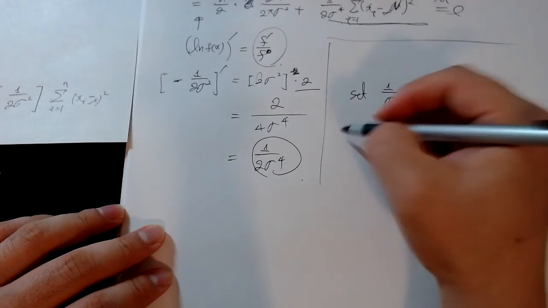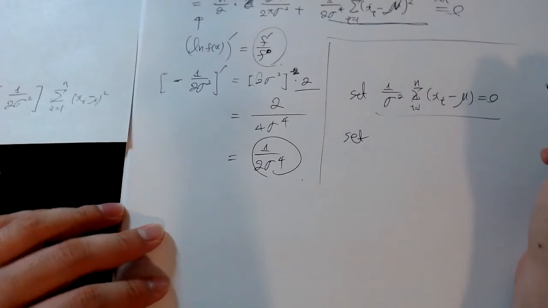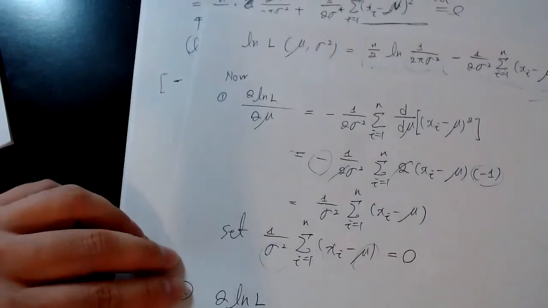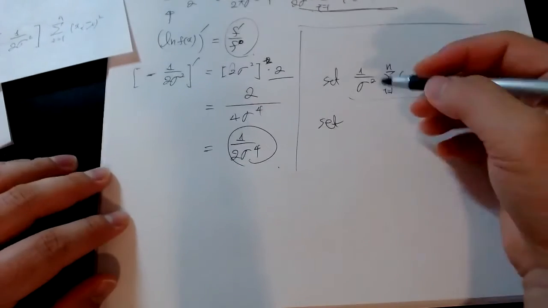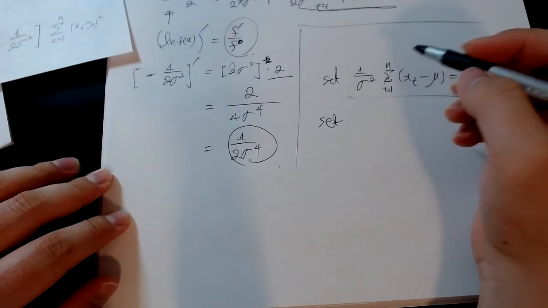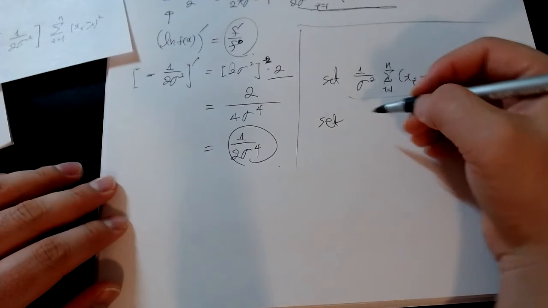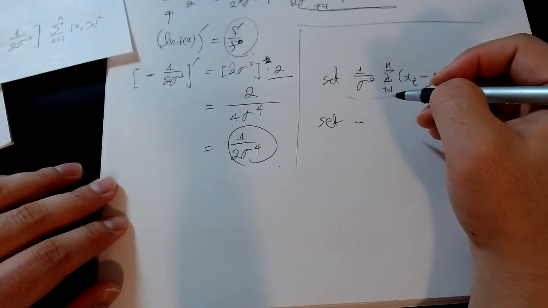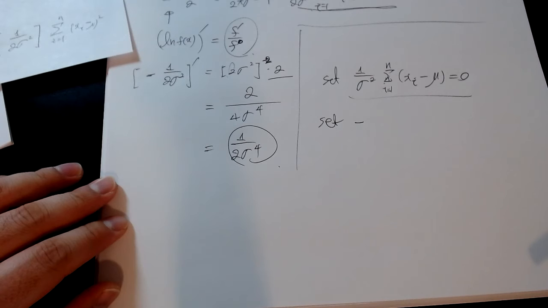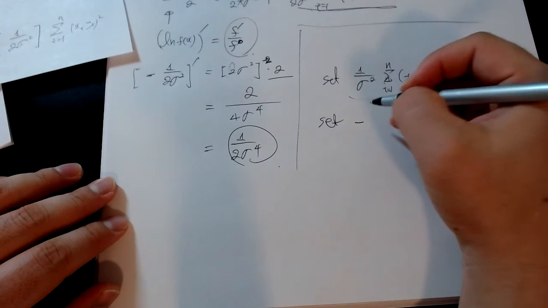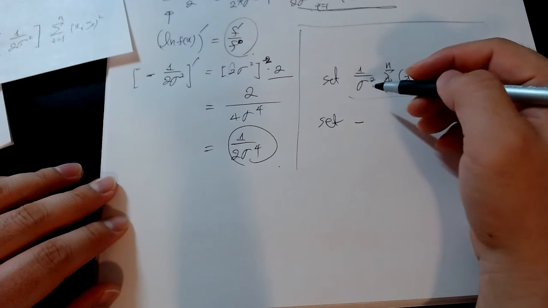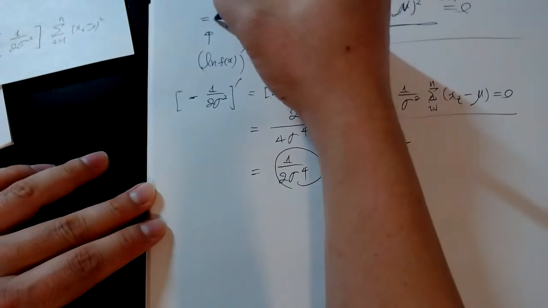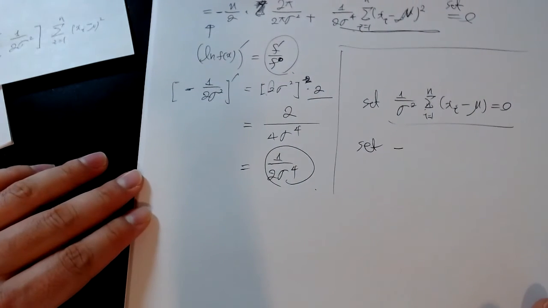We got this one from the partial derivative of natural log L with respect to mu, right? And now the partial derivative of natural log L with respect to sigma square is going to be minus n over 2, actually minus this. I forgot the negative sign right there. I'm sorry.